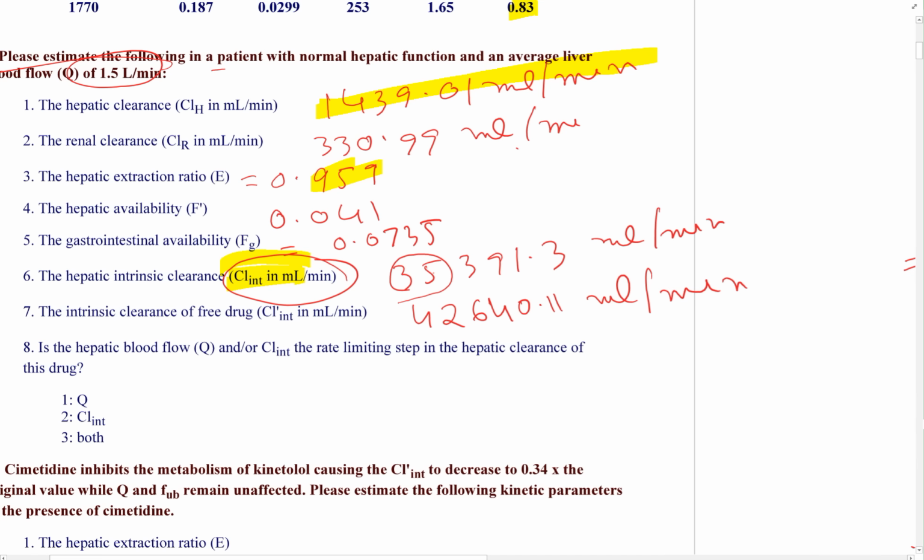That is a little bigger intrinsic clearance of free drug.